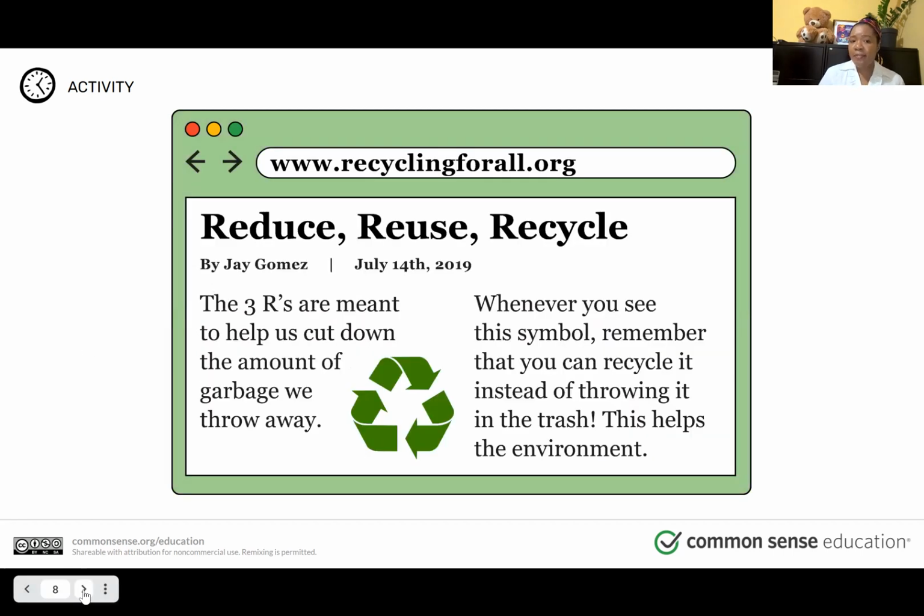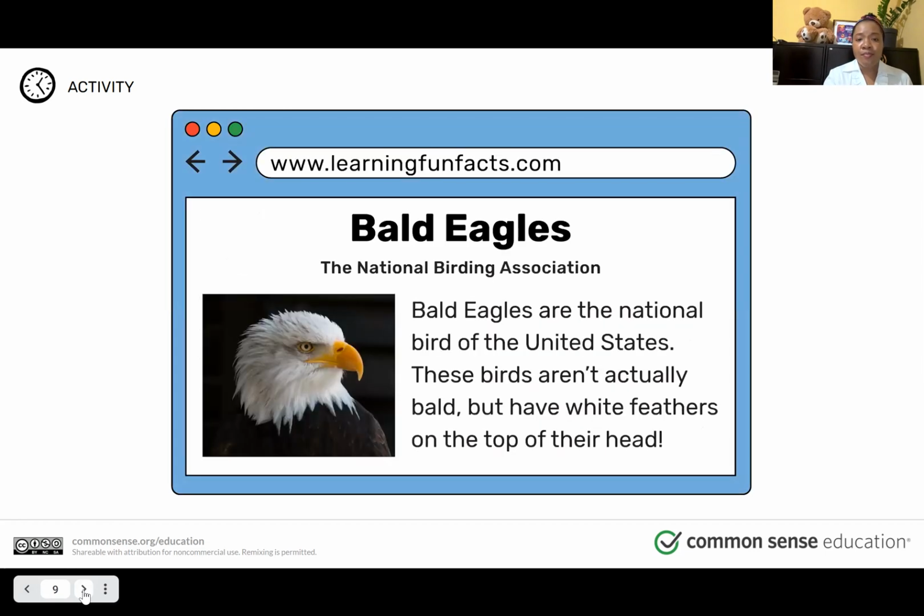Here is another example. Who is the author for this article? Jay Gomez is the author. So you have to make sure that you have that. What's the title? What's the name of the website? Here's another example.